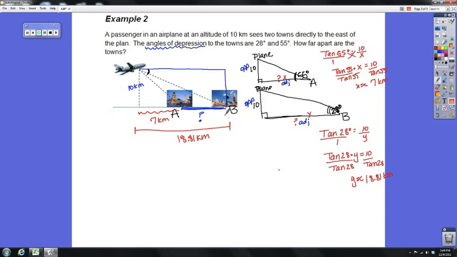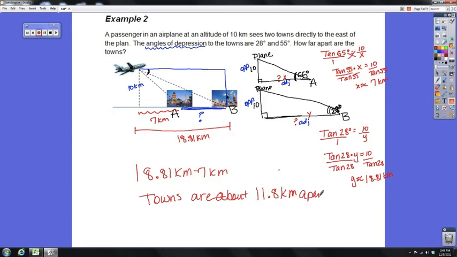So, how far is town A from town B? Well, if you take 18.81 kilometers and subtract the 7 kilometers, that tells you that the towns are about 11.8 kilometers apart.